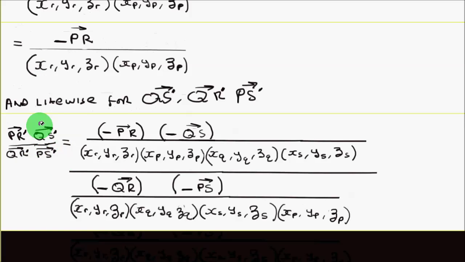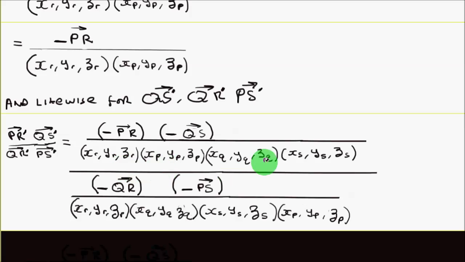Now going to the primed vector definition of the cross ratio, I can plug in the results that we've obtained here. For example, I can plug in what we obtained for the primed P to R, and likewise with the others, and I end up with this object here.